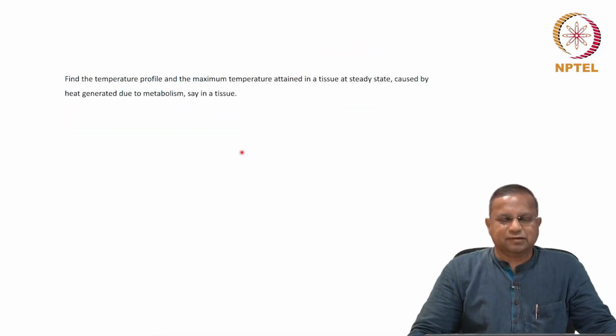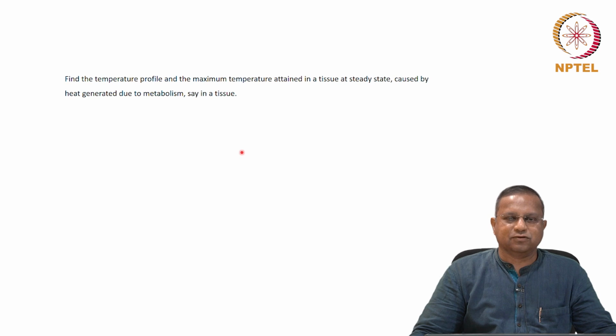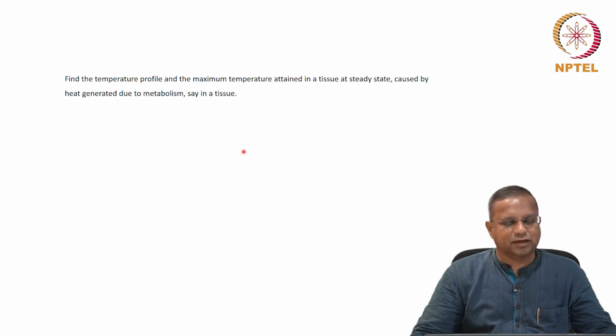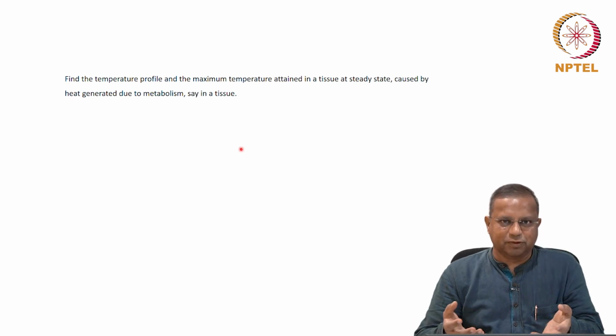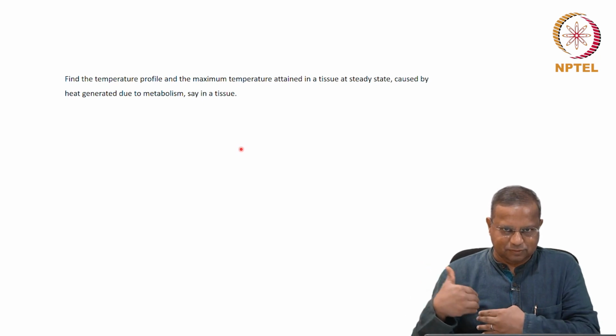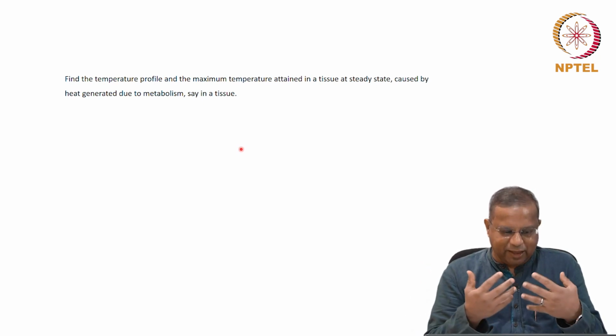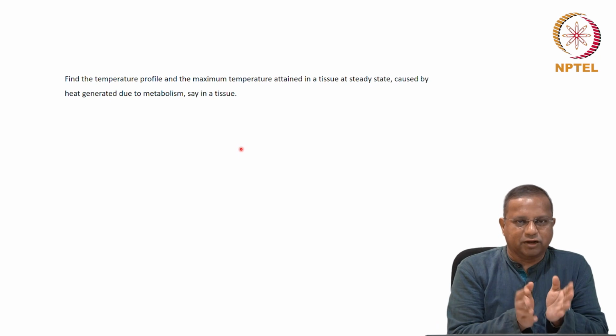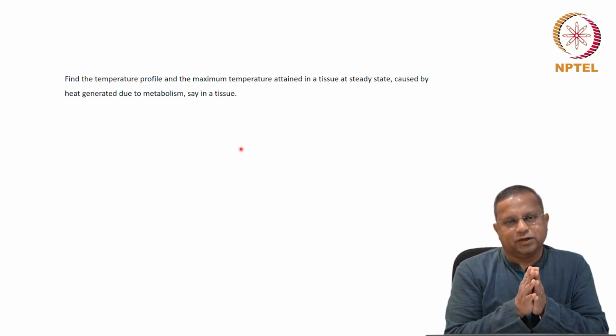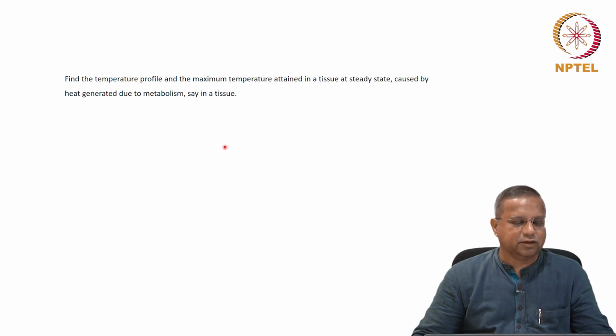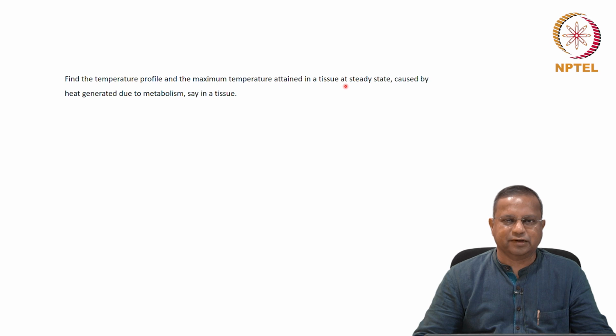To do this, as we have been doing in this course, problem-based learning and so on, I'm going to present a problem, then solve it, give you the principles for solving it in the context of solving this problem. And that way the learning is expected to be much better. So the problem reads as something like this: find the temperature profile and the maximum temperature attained in a tissue at steady state.